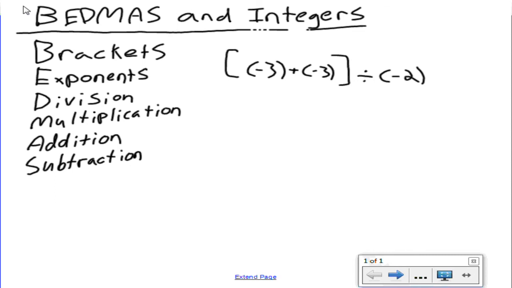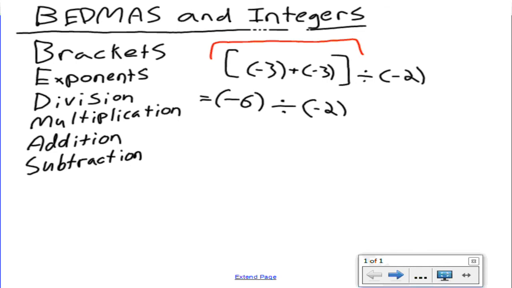Okay. First step, always in BEDMAS, is our bracket. We're adding -3 plus -3. So I start on -3, and because I'm adding a negative, I'm moving 3 spots to the left. My answer is now -6 divided by -2.